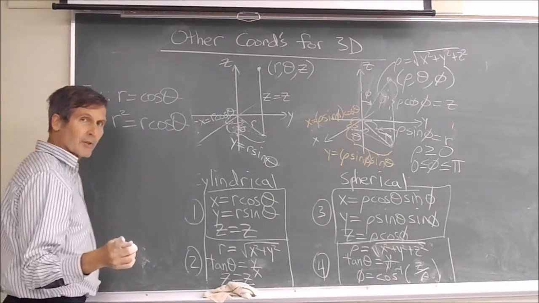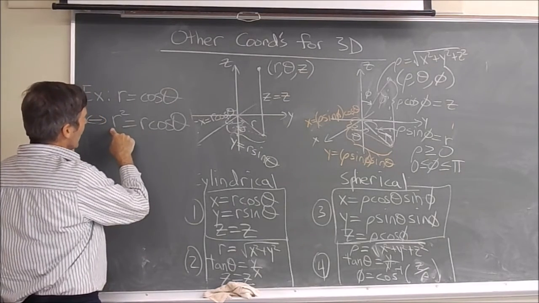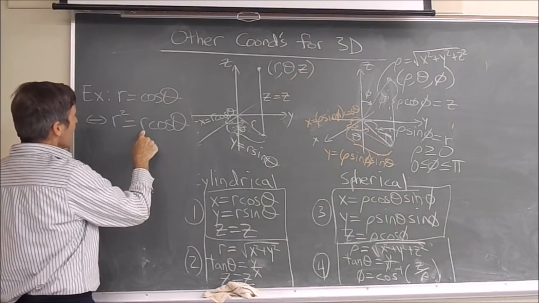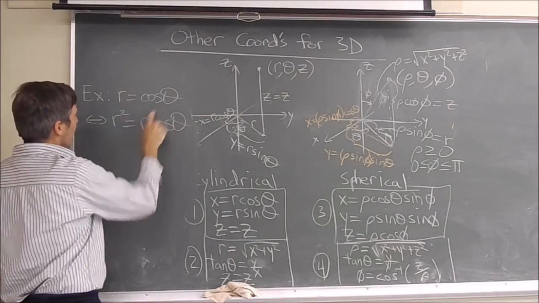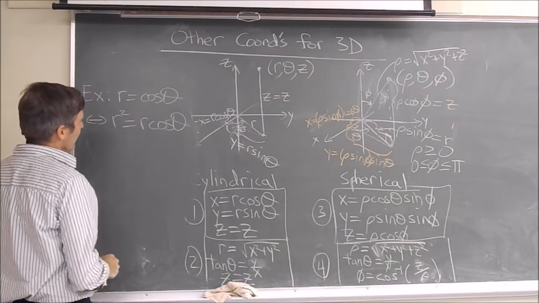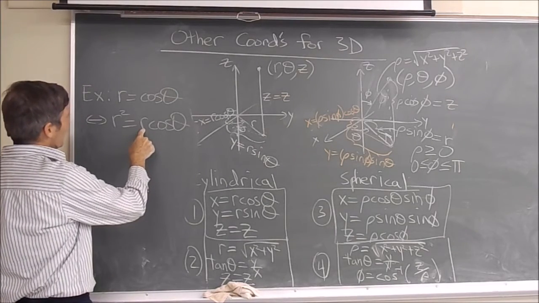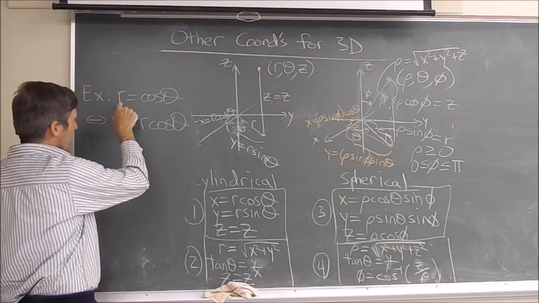You have to worry when you multiply both sides by r, I just introduced some new solutions, right? r equals 0 is a solution here. We mentioned this in polar coordinates before, for any angle theta, it wasn't before. Here, maybe the origin wasn't a solution, in polar coordinates thinking. So you have to check. Well, when theta equals pi over 2, r could be 0, made the origin a solution already.